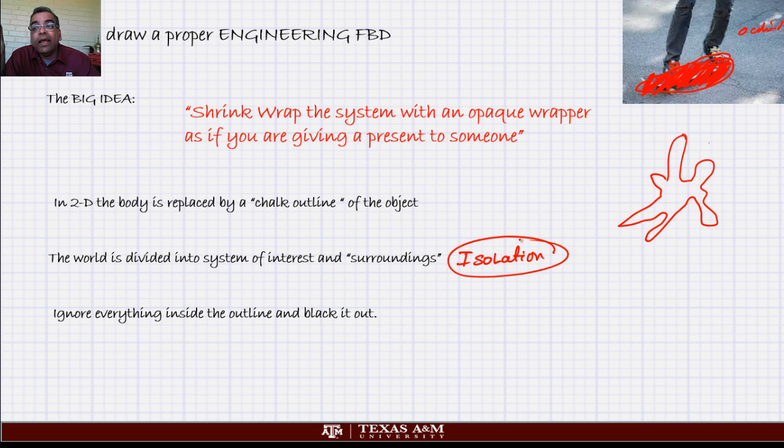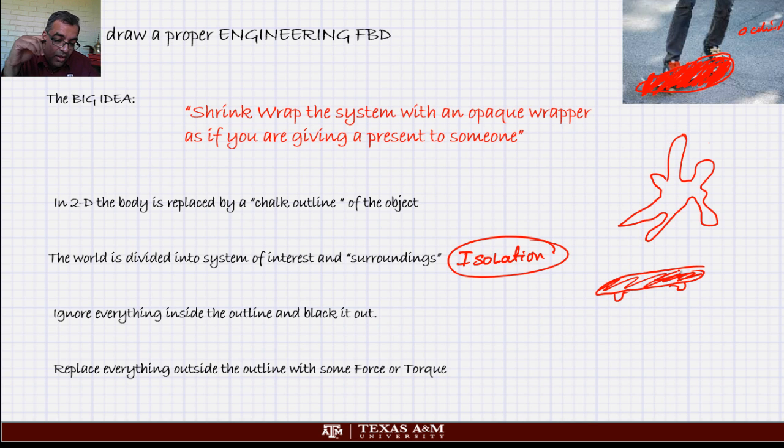Then we come to the idealized part, which is we ignore everything that's inside. I don't really care. The skateboard looks like this, whatever, and there are lots of parts inside. I don't even care about them. So everything that's inside our outline we don't care about. That's nice, no?